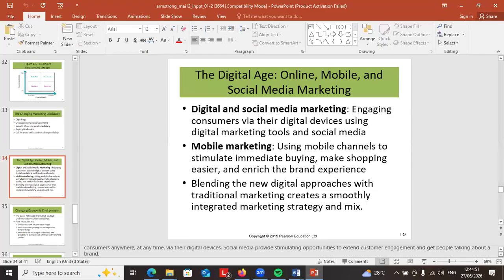In fact, social media provides stimulating opportunities to extend customer engagement and get people talking about a brand.